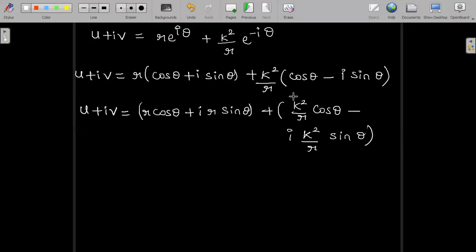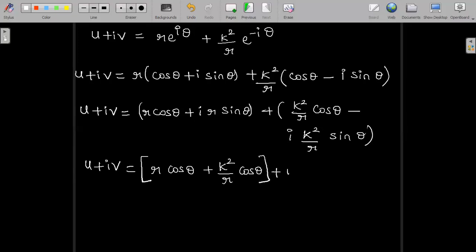The purpose of multiplying the outside constant inside is that we need to group the real and the imaginary terms. Let us do grouping and then equate the real and imaginary parts on both sides. Let us group all the real terms: r cos theta plus k square by r cos theta. These are the real terms. Plus i into, which are the imaginary terms here? r sin theta minus k square by r sin theta. These are the imaginary terms.